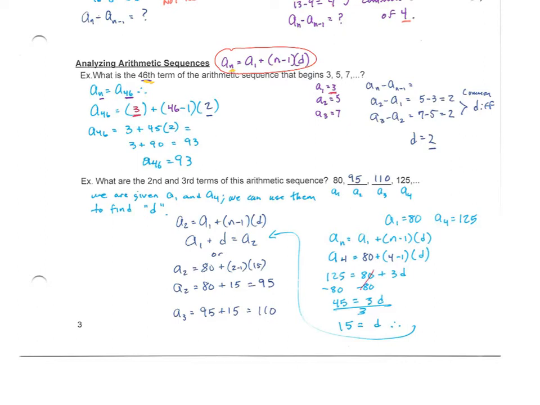Well, some of the things that I do know: a_1 is 3, and it seems to be changing by a value of taking 5, subtracting 3, I get a 2. And taking 7 and subtracting 5, I get a 2. So it looks like my common difference is going to be 2.